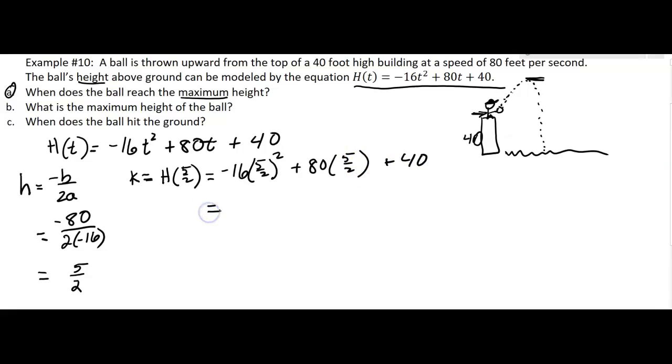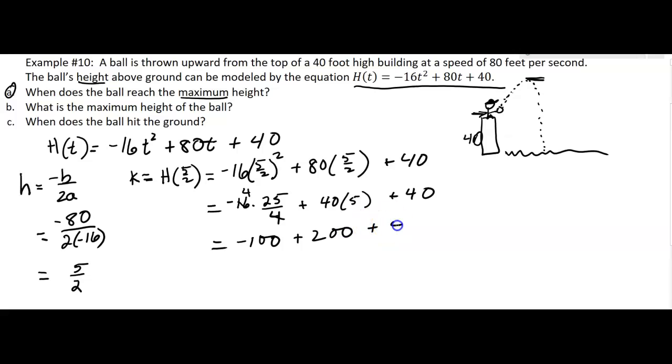Okay, and then I'm just going to work with the fractions. Negative 16 times 25 over 4, plus 40 times 5, plus 40. So what do I get? 4 goes into 16 4 times. That's going to be minus 100, plus 200, plus 40. So I'm going to say that's going to be 140.